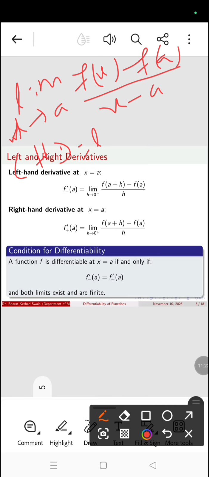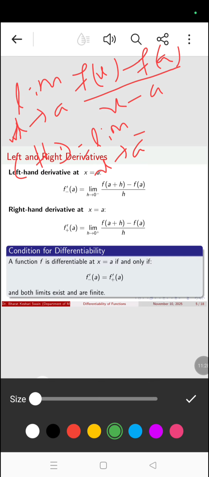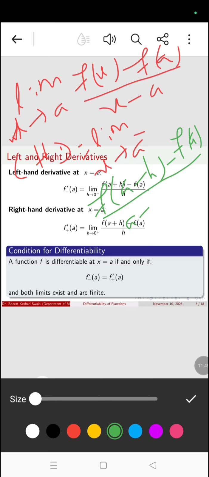Since it is a minus, it will be f of a minus h minus f of a, divided by, in place of x, a minus h minus a.